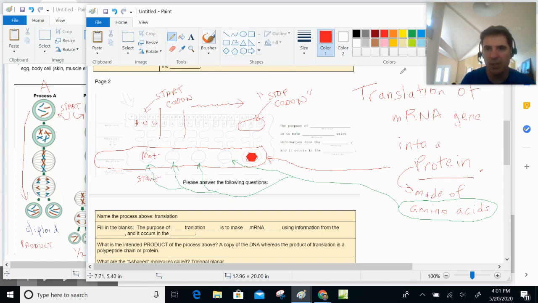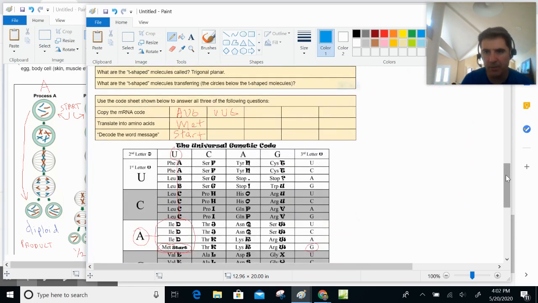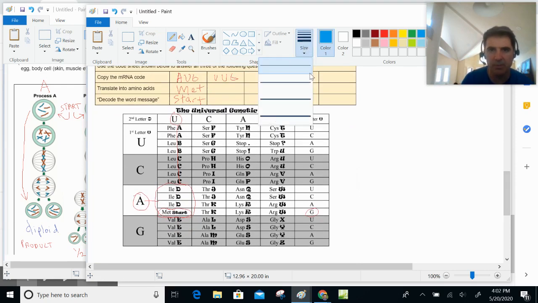Okay, I'll do the next one in blue. So this one right here, this whole section, U, U, G. I'll do it a little bit darker so you can see a little bit better. So U is the first letter. Second letter is U again. So these two meet here. Well, which one?